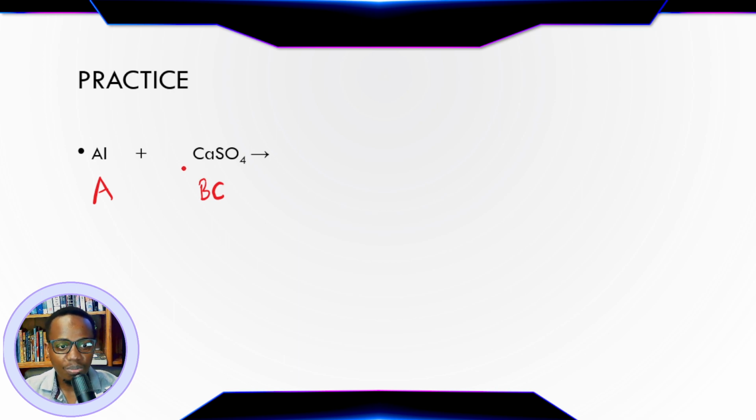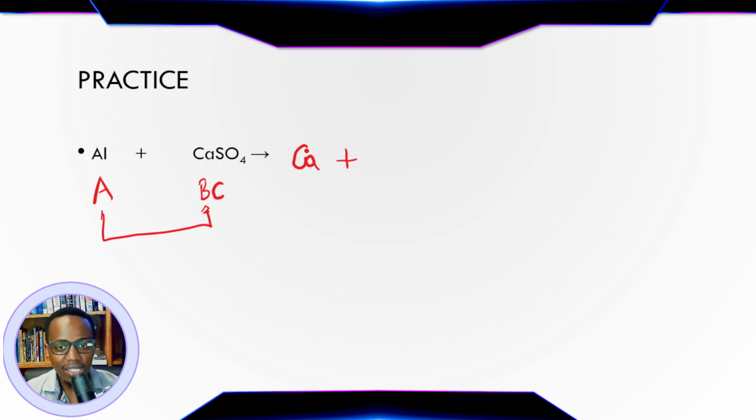And we know how single replacement reactions are. A is going to come in and replace B. So what's going to happen is aluminum comes in and replaces calcium. Calcium is by itself. And then you know that aluminum is going to combine with sulfate.